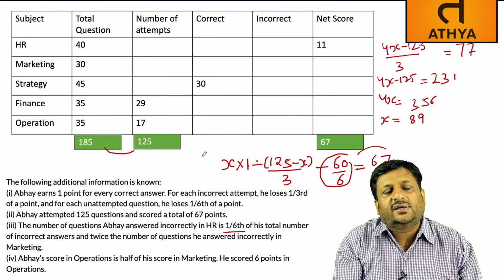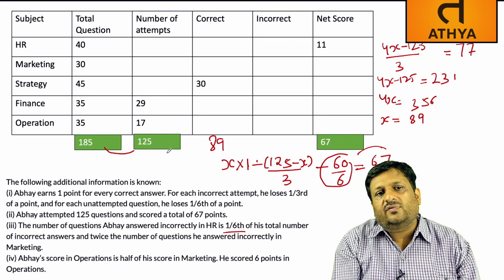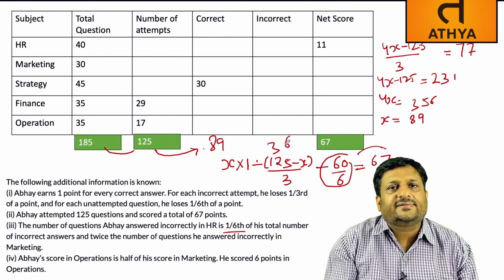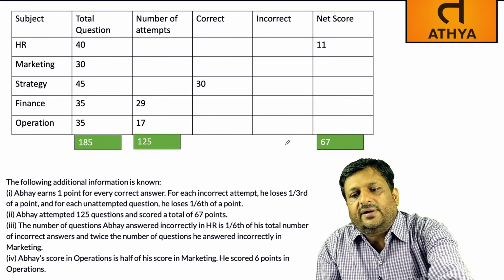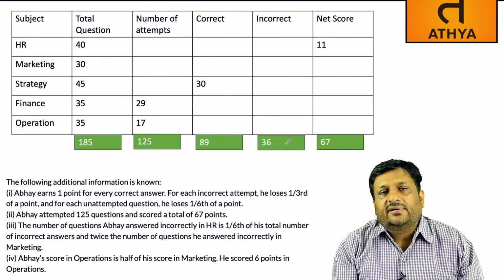So it means he has answered 89 questions correctly. So out of 125, 89 are correct. So 125 minus 89, it means 36 are incorrect, isn't it? So we have calculated, he has attempted 89 correct and 36 incorrect.